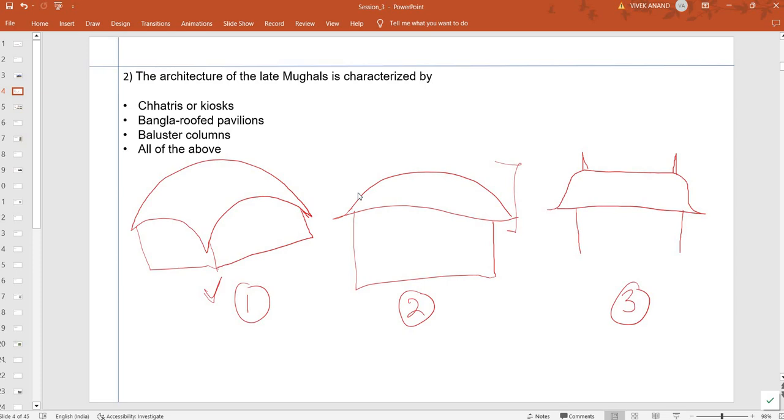Some people have told this is a Bangla roof. Some have told this is a Bangla roof. So yes, both are right. Both are different styles of Bangla roofs. Like this you can find, this also you can find, but this is totally vague. I don't know what style this is. I just made it. So yes, first and third are a type of Bangla roof.